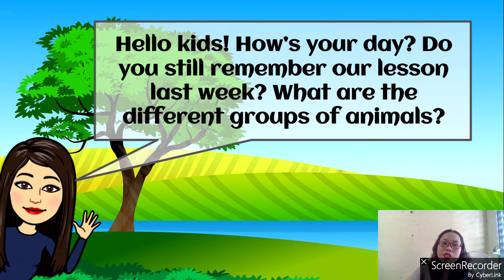We also have animals that are cold-blooded. So we have fish. Yes, fishes are cold-blooded creatures. We also have the birds, the family of birds. We have different types of birds, of course, and examples are your chickens.